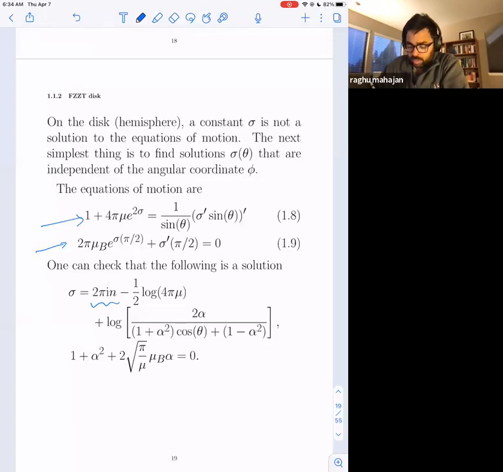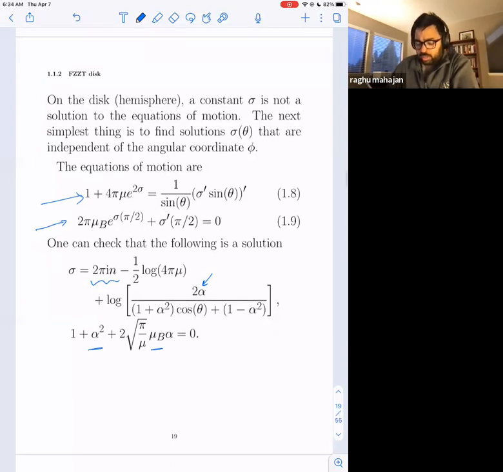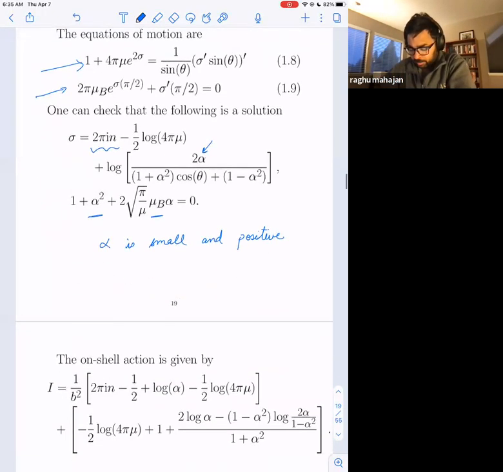And this alpha parameter appears here in the solution, and the boundary condition relates alpha to mu b. And we were only able to compute the one loop determinant in the limit that alpha is small and positive. So this is the limit that we took, and it was enough for us, because really the purpose of the disk was to go in the denominator of the sphere squared.